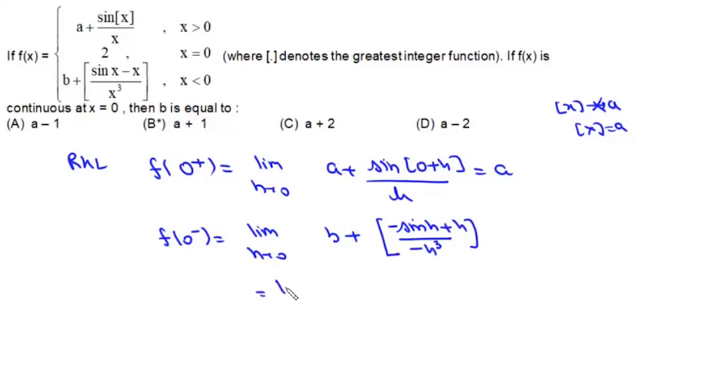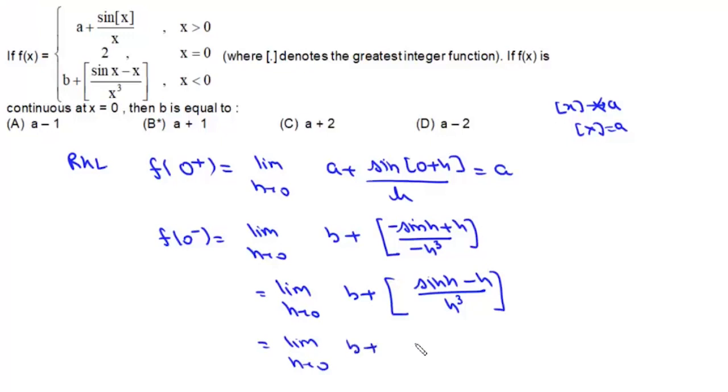Now we can write this as this limit h tends to 0, and this is b plus, and this is sine h minus h upon h cube. Now if we use the expansion of sine h, we can write this as this limit h tends to 0, this is b plus, and this is h minus h cube upon factorial 3 plus higher powers of h, minus h upon h cube.